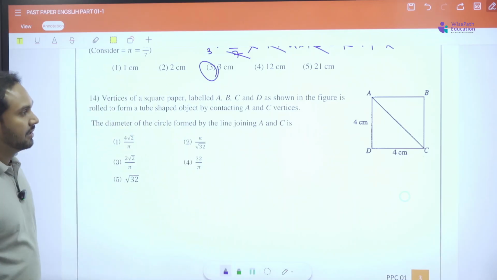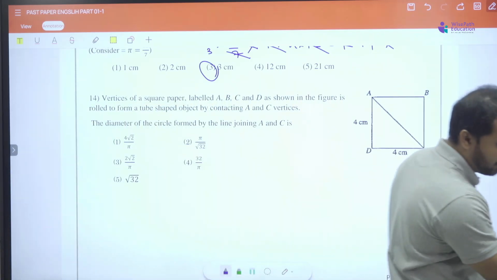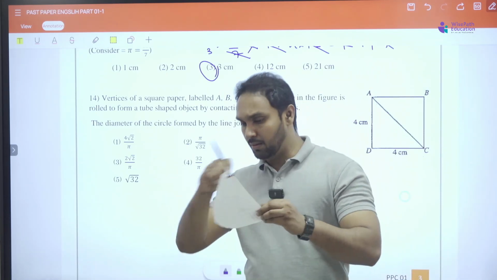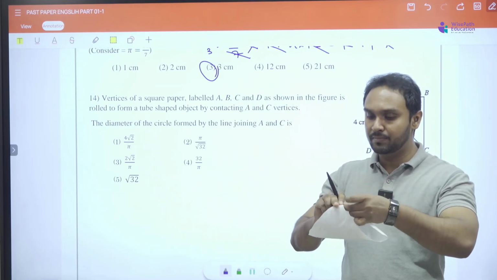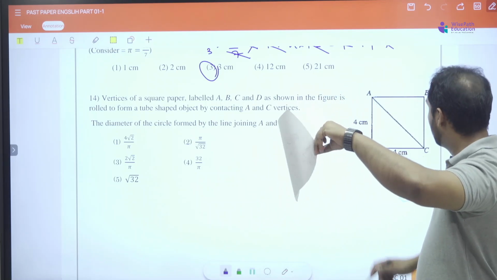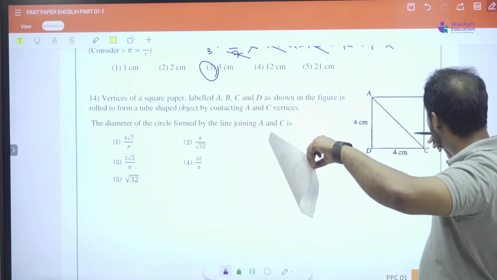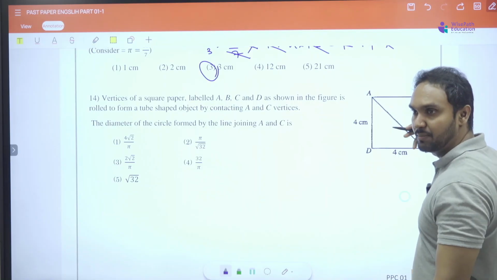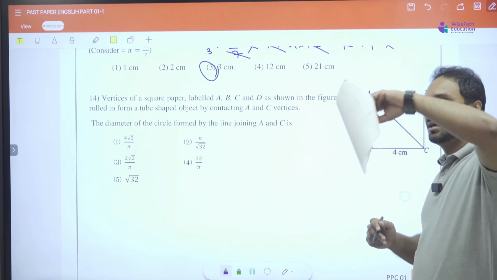So how do you find it? Then when you hold it by the vertices and fold it like this, look how it comes. Now the diagonal between these two vertices. Listen. The diagonal, the distance between the two vertices, becomes what?